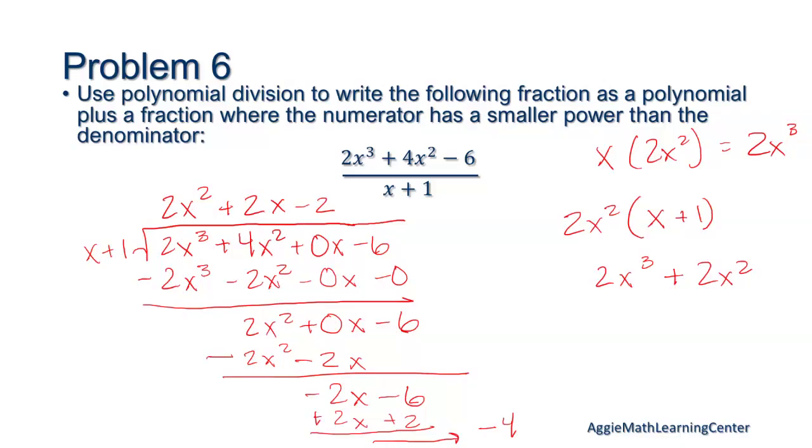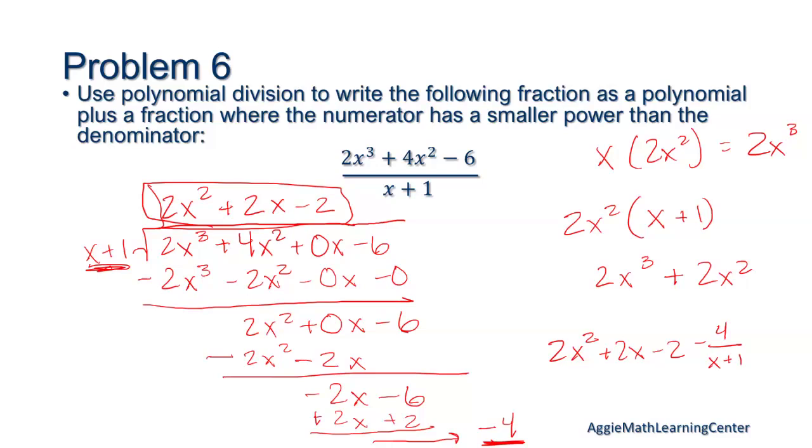What do we do with our answer now? You take what's on the top of the division sign and then add it to the remainder, so negative 4 divided by x. Beautiful. So we're going to take this quotient, our 2x squared plus 2x minus 2, and then our remainder, we don't want to forget about that, which has to still go over our divisor, x plus 1.